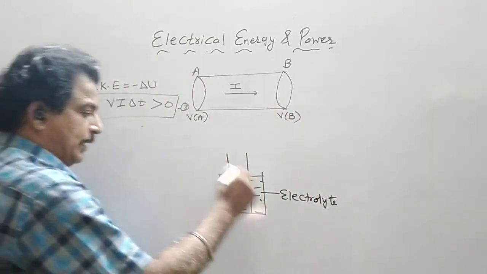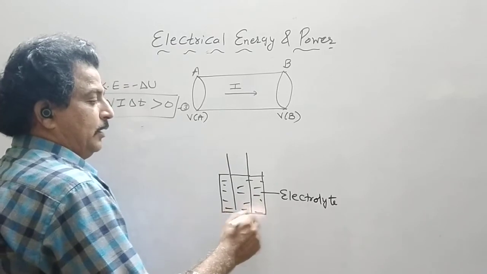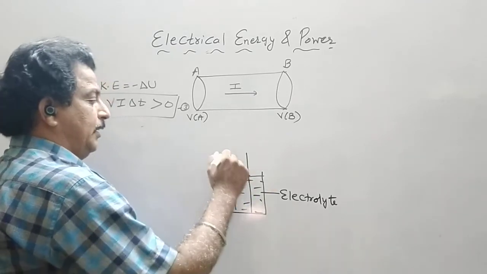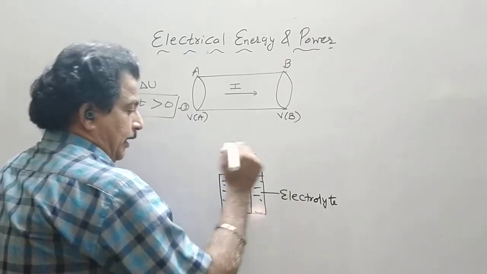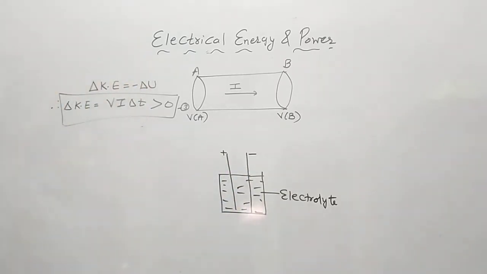So this simple electrochemical cell consists of electrolyte and two electrodes, where one electrode is positive and another electrode is negative. So the electrochemical cell will convert the chemical energy into, say, light energy, or if we have connected a conductor, it should convert it into heat energy.